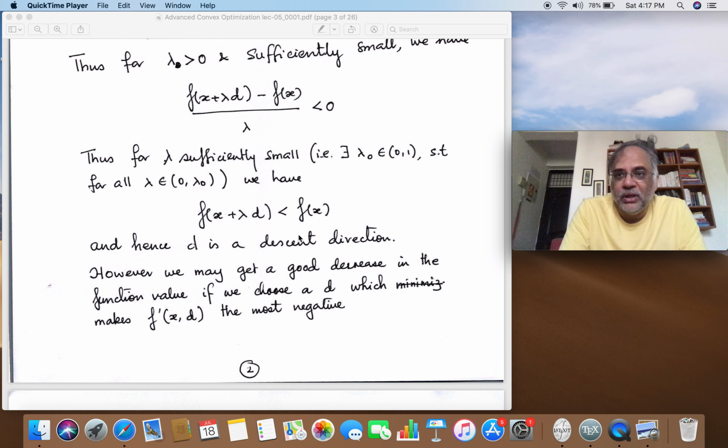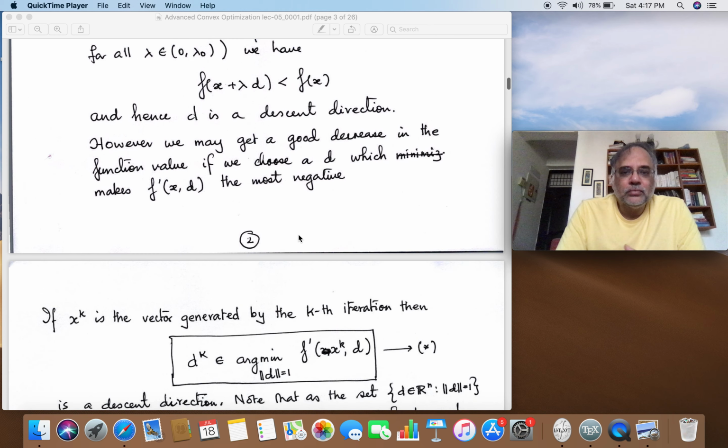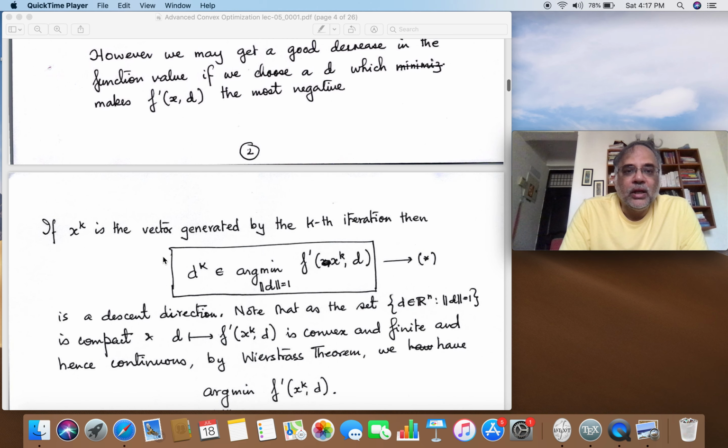And because I am doing a minimization problem, that is what I want. So to make the decrease as much as possible, we can consider minimizing the function f'(xk; d), where norm d is on the unit sphere, that is over all the unit vectors.